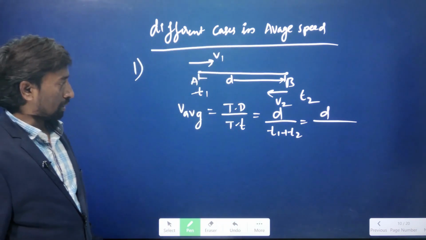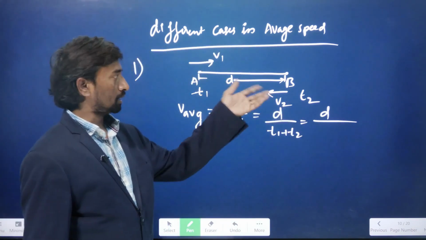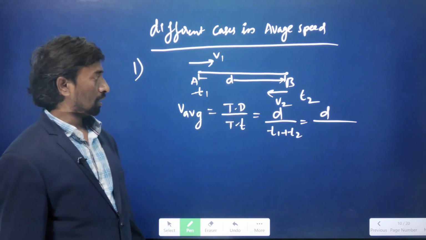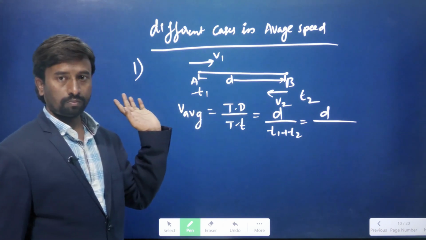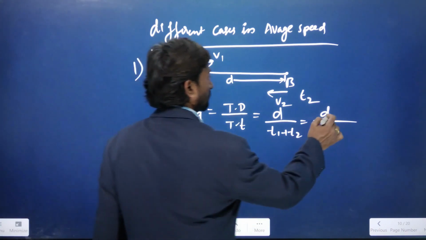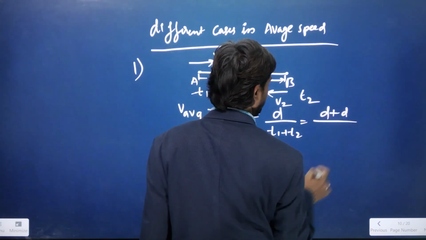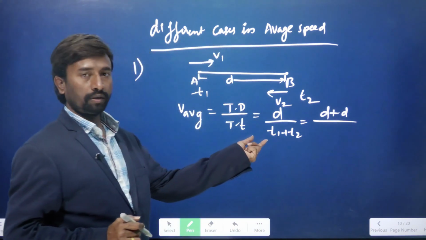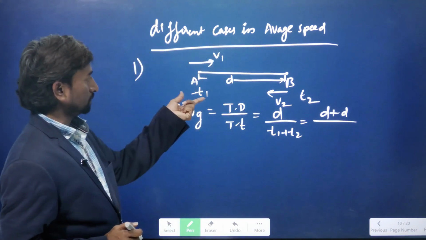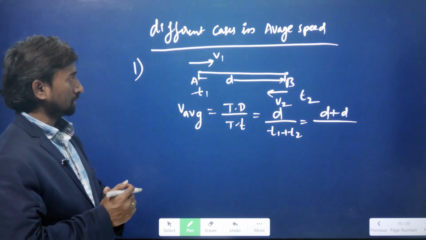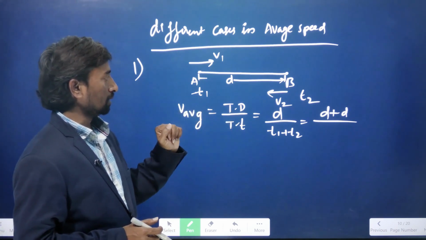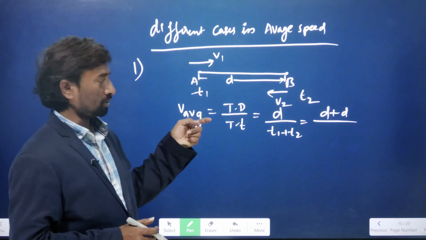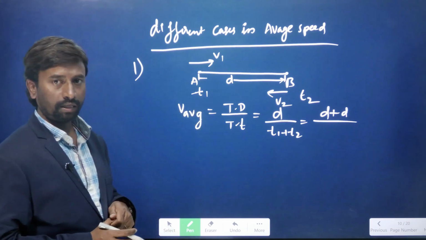If you substitute T1 and T2, D is the distance. The total distance A to B and B to A is D plus D. How can we write the T1 value? From the definition of speed, distance by time, we can write T1 equal to distance by speed.